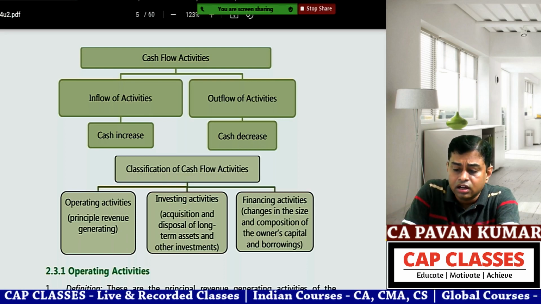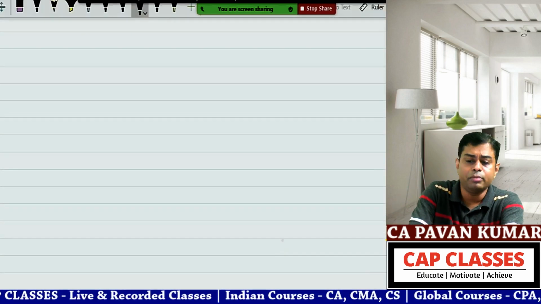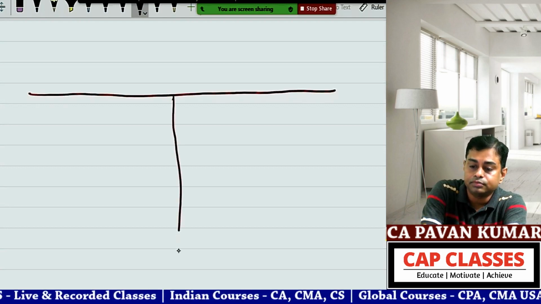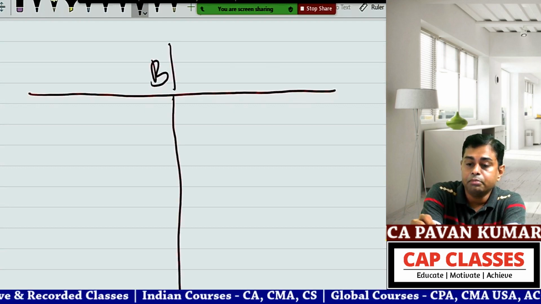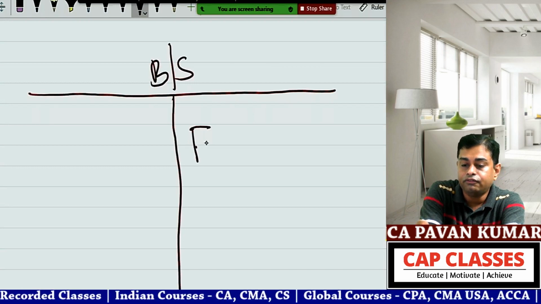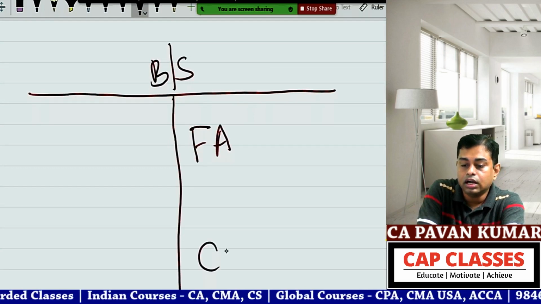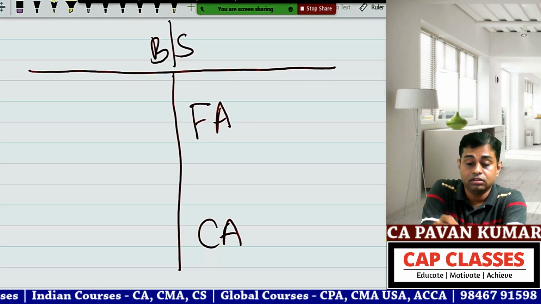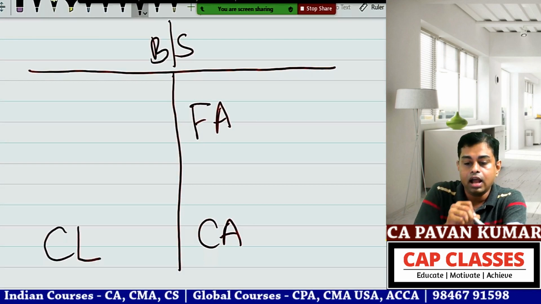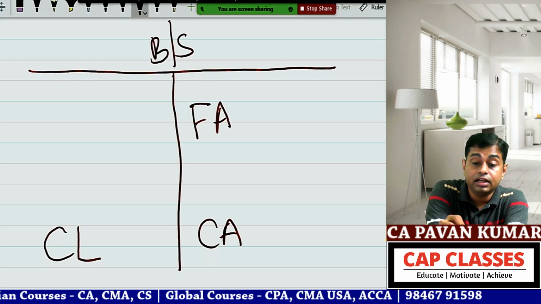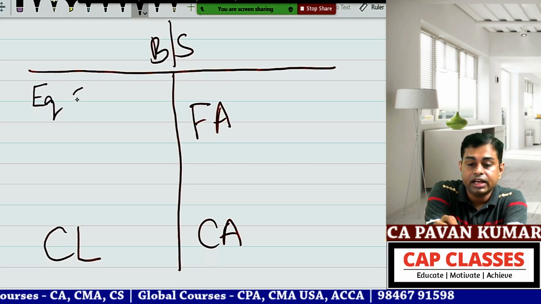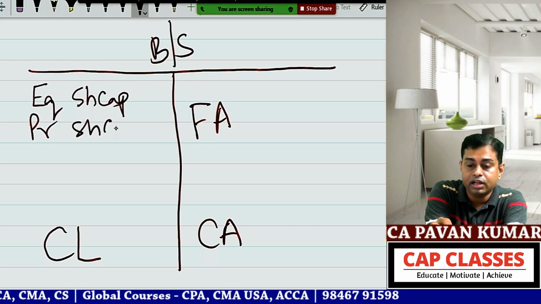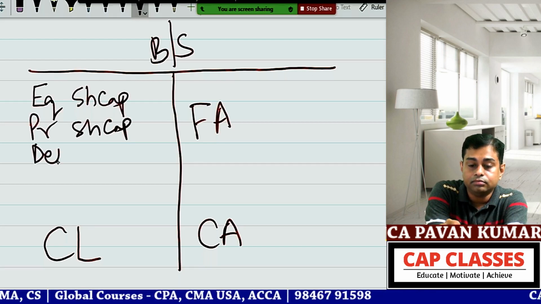Okay, now look here. I'll tell you the easiest way to remember this cash flow statement. Look at the balance sheet. In balance sheet here, FA. Sir, what is FA? What is fixed asset, current asset, dude? Come on. Current liability. Here, equity share capital, preference share capital, debt.